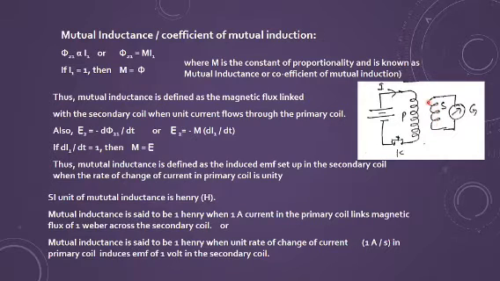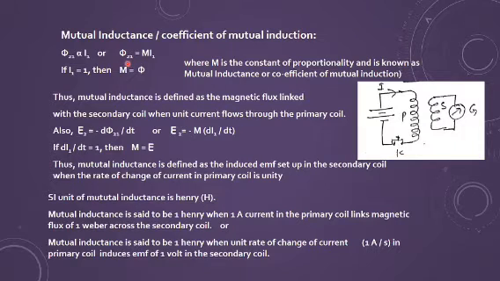This flux, which I may call phi 2, or phi 2 due to 1, is directly proportional to the current flowing through the first coil. So I may write it as I1, where I1 is the current flowing through the primary coil.